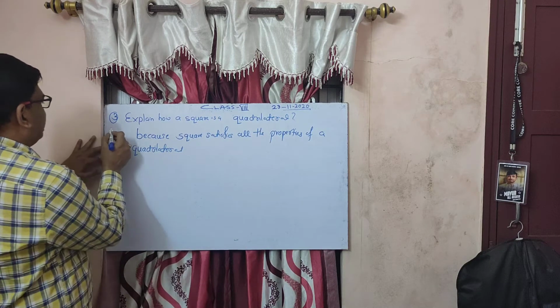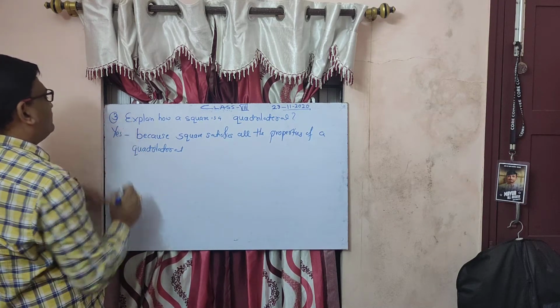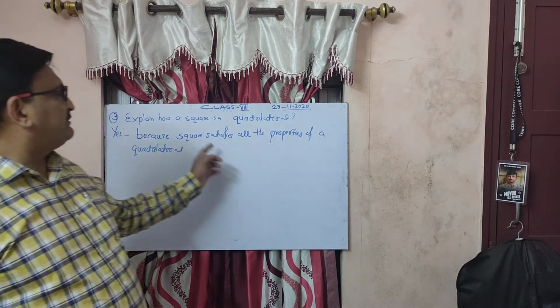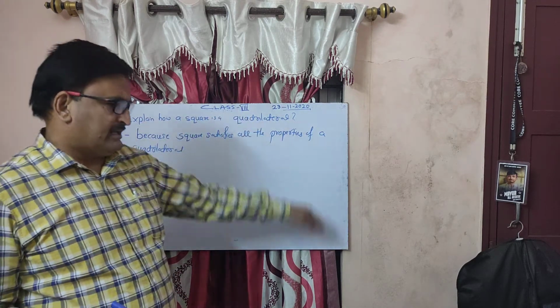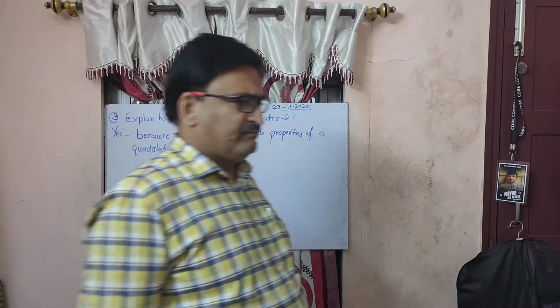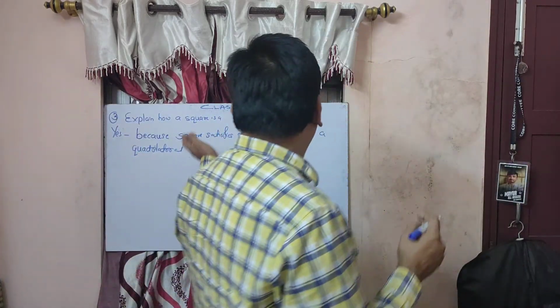Yes, you have to say yes, because square satisfies all the properties of a quadrilateral. Therefore, a square is a quadrilateral. That's it. A square is a quadrilateral.